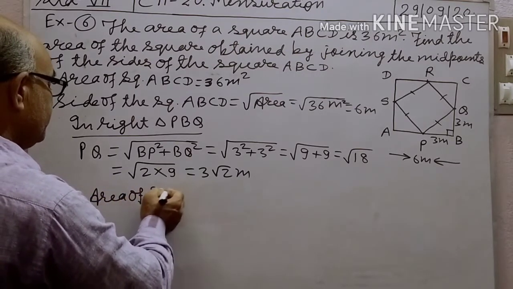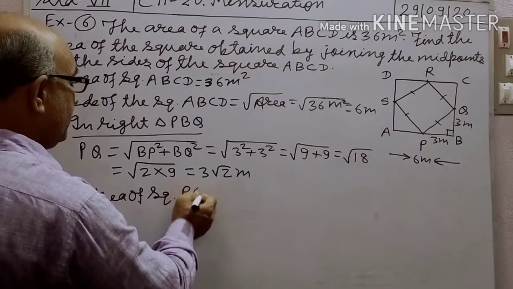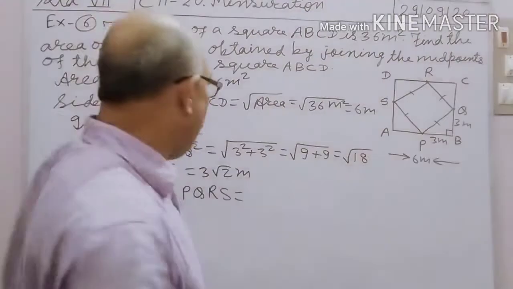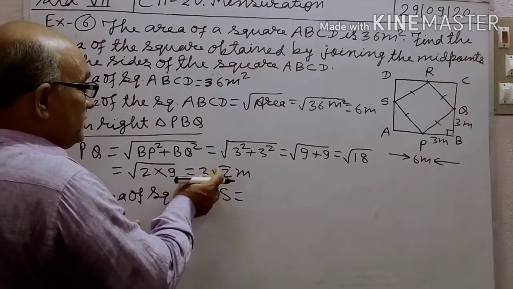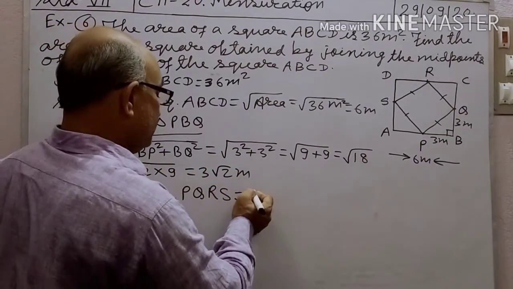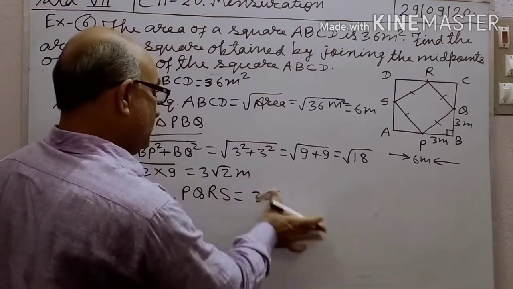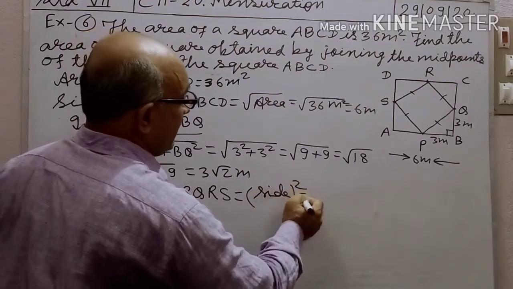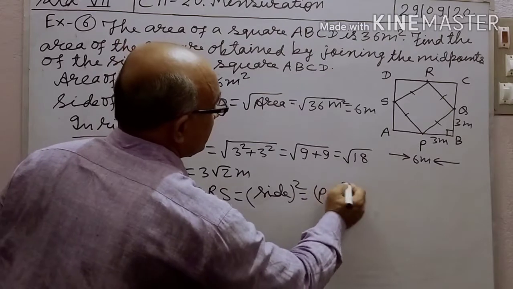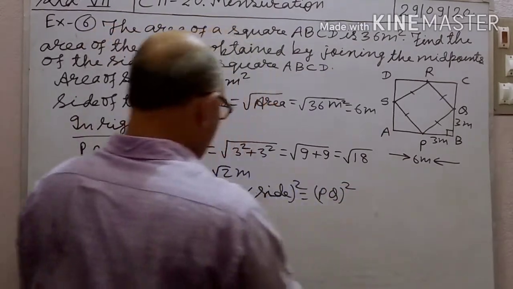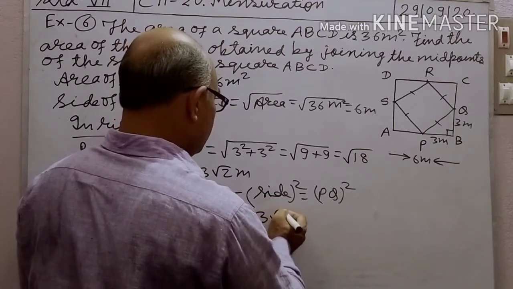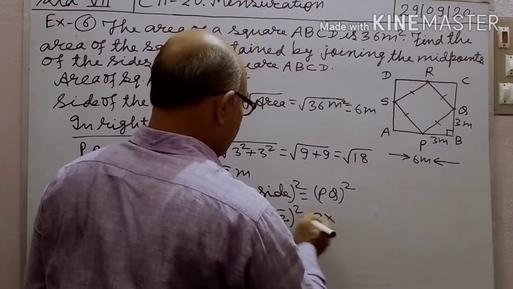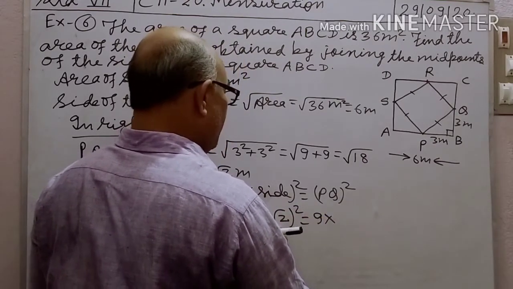Now, therefore, find the area of square PQRS. Side of square PQRS is 3 root 2 meter. Area equal to side square, PQ square equal to 3 root 2 square. 3 square is 9 and root 2 square is 2.